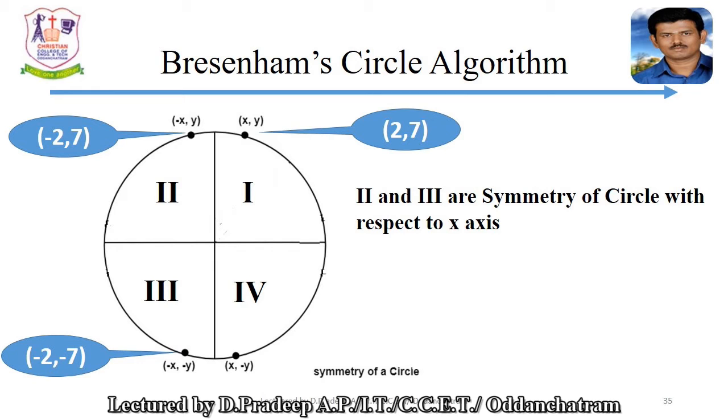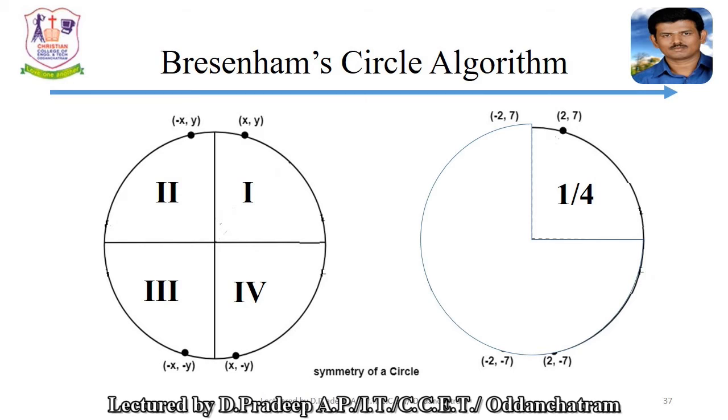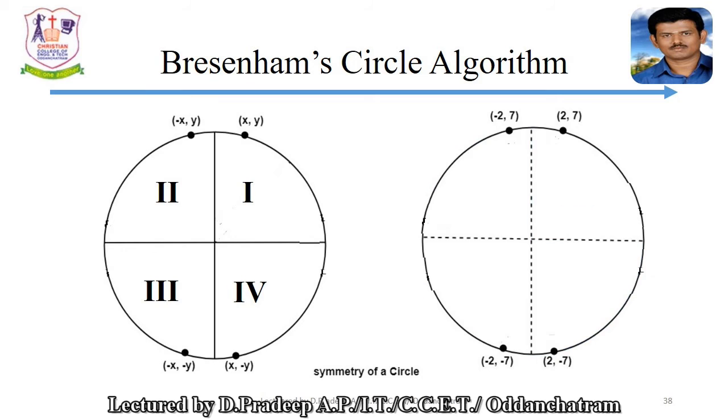Next, third and fourth quadrants are symmetric with respect to the y axis, so the y value is not changed but the x value's sign is changed, so we get 2 comma 7. If we find a particular boundary point in a circle, we can get the other 3 boundary points, so only 25% of the work achieves all the boundaries of the circle.